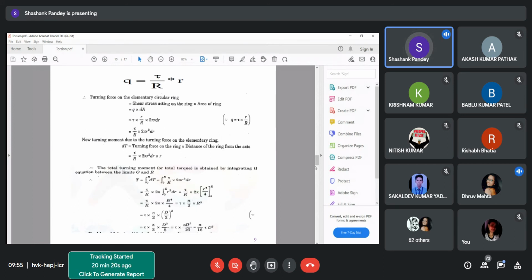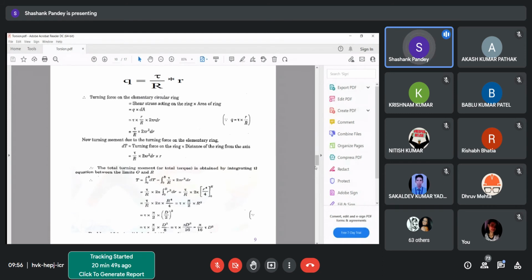Someone wants to suggest something? Sir, the integration limit will be from inner radius to outer radius. Yes, so if I assume the inner radius as r_i and the outer radius as r_o, then the limit will be from r_i to r_o.